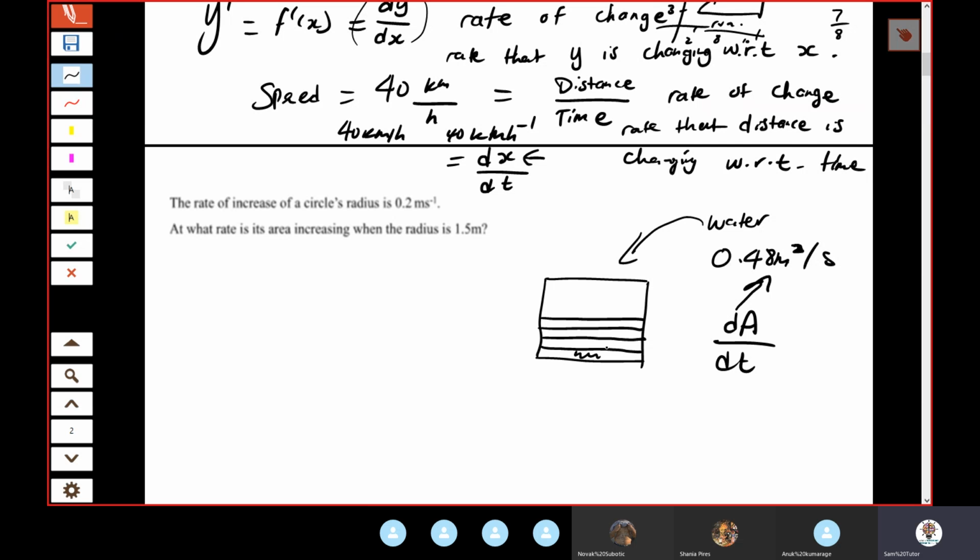So 1 second it's up to here, 2 seconds it's up to here, 3 seconds it's here, 4 seconds it's there, and so on. So the way we interpret that though is this. Super important to understand it's a dA on dt from now on. So any rate you see, any rate for the rest of your life from today onwards, you think of it as a derivative. Okay, I hope that's clear. Anyone have any questions for me?